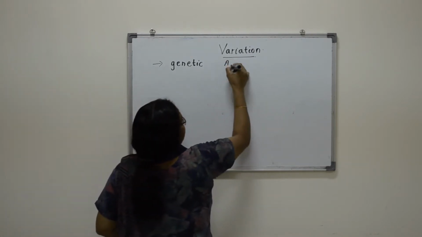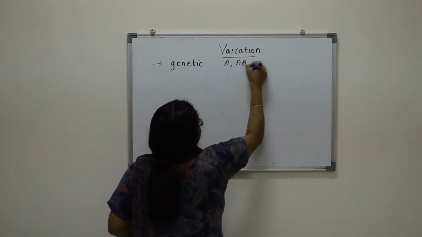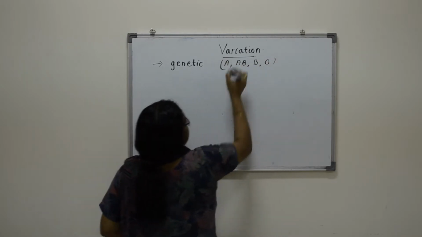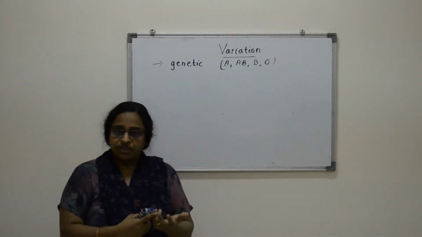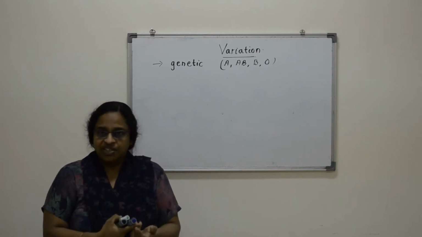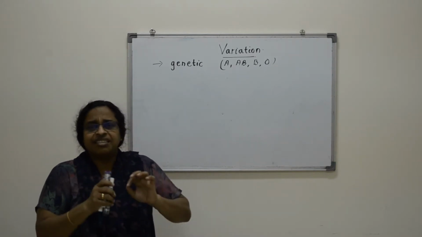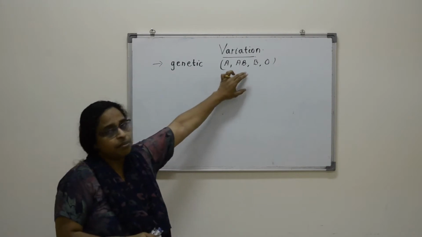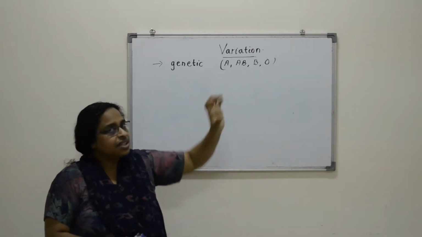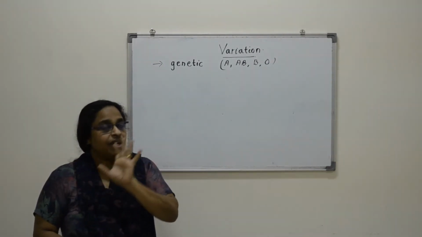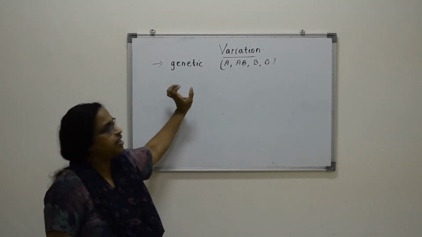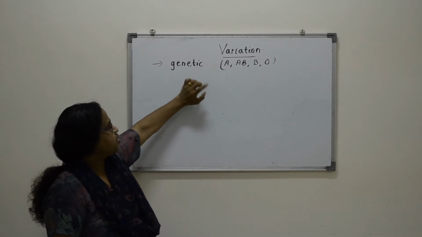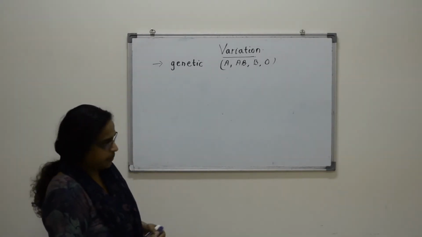There are 4 blood groups, A, B, AB and O. The environment or the food or your nationality or anything, nothing can be done on the blood group. It is purely by genes. Only the genes can determine the blood group. So this is one of the reasons of variation, genetic variation.